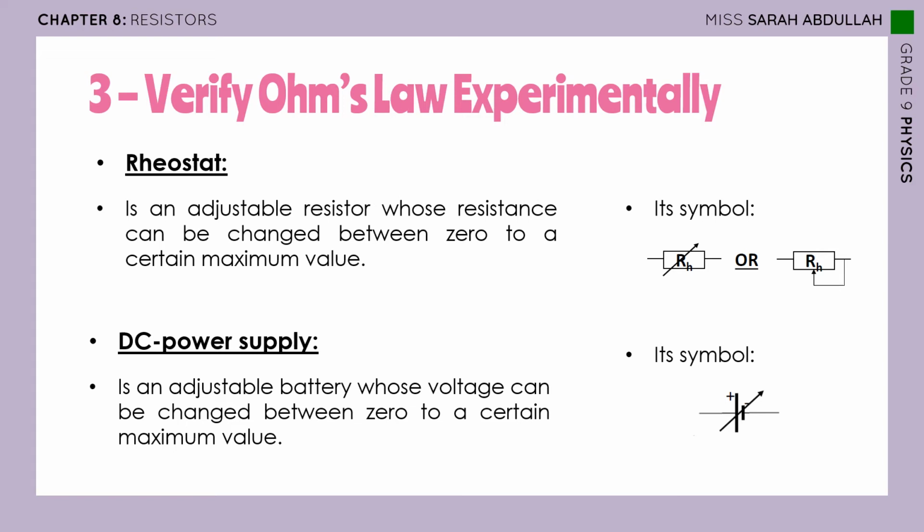I can change the voltage, but it does not change on its own. It's still DC, still constant. It still shows a flat line on an oscilloscope. Now, the symbol of it is simply the symbol of a dry cell, but with an inclined arrow like that.